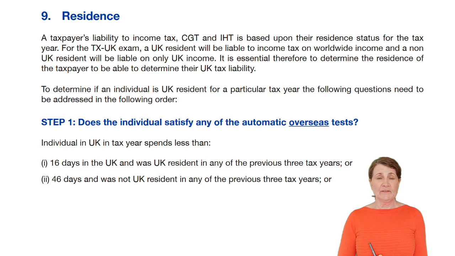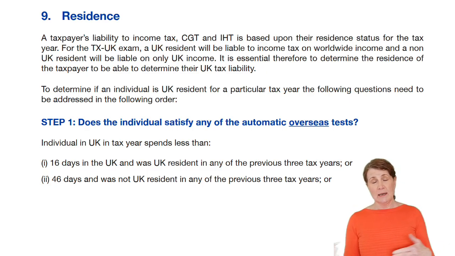The final part of chapter 2 is talking about residence. Now, the reason why residence is important, and residence is determined on a tax year by tax year basis. So some tax years you may be resident and other tax years you may not.